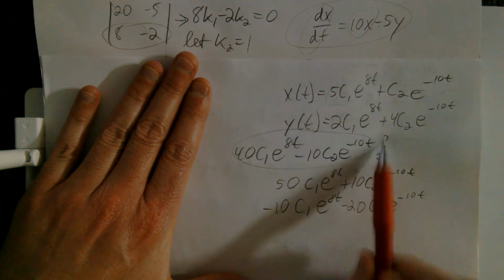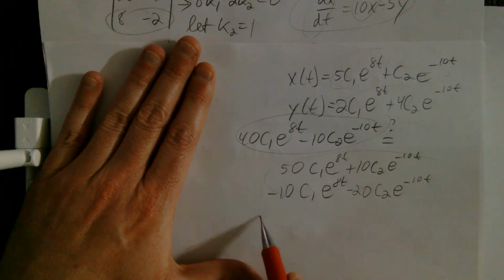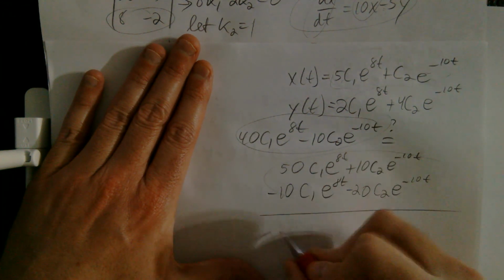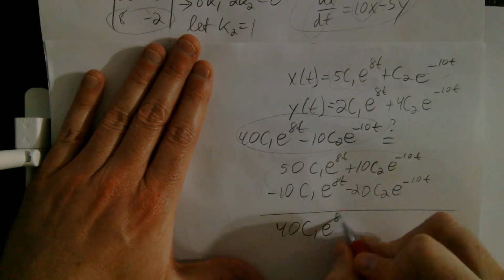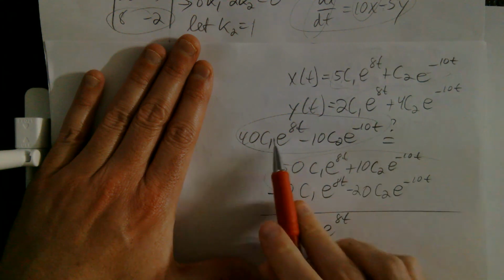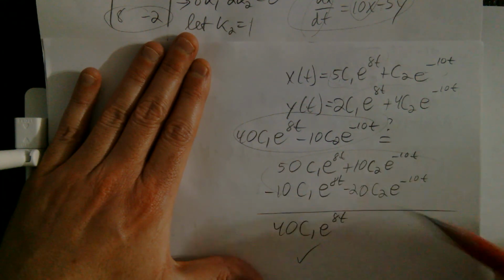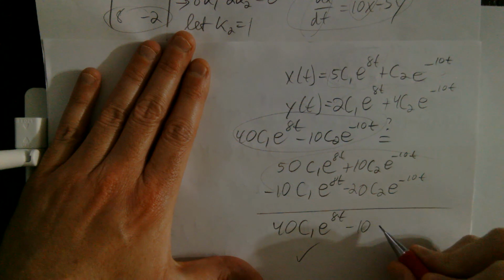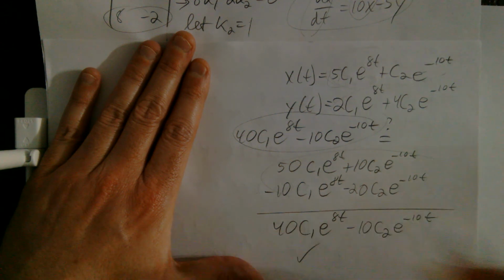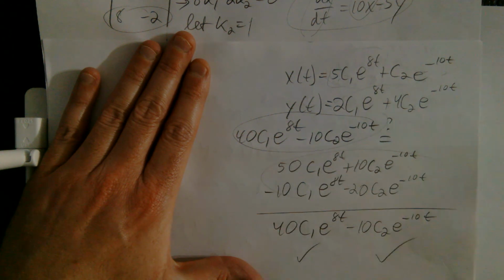Does this equal this? Well, let's add these up. 50 minus 10 is 40 c1 e to the 8t, check. 10 minus 20 is negative 10 c2 e to the negative 10t. Negative 10 c2 e to the negative 10t, check.